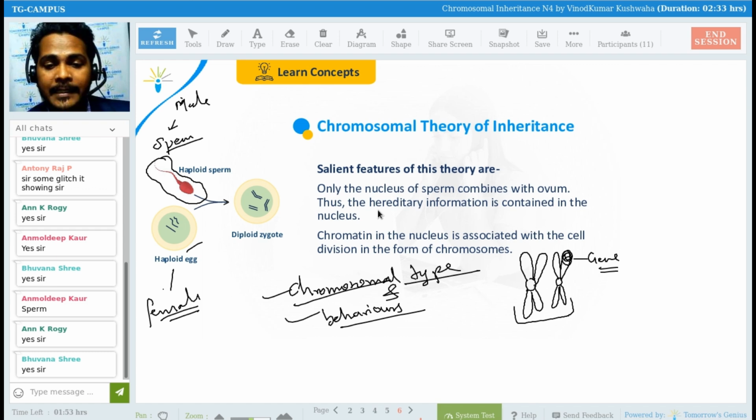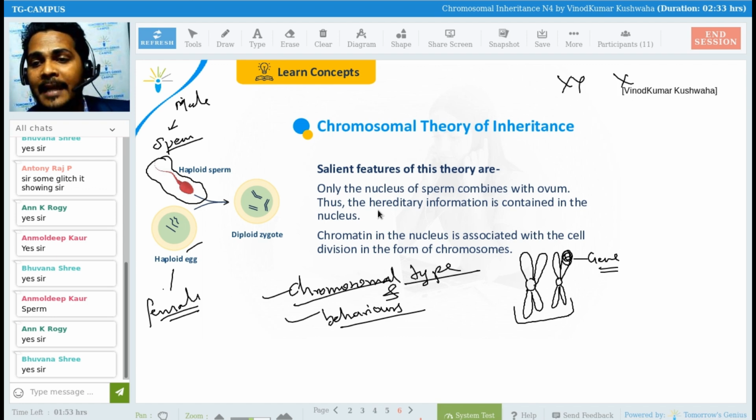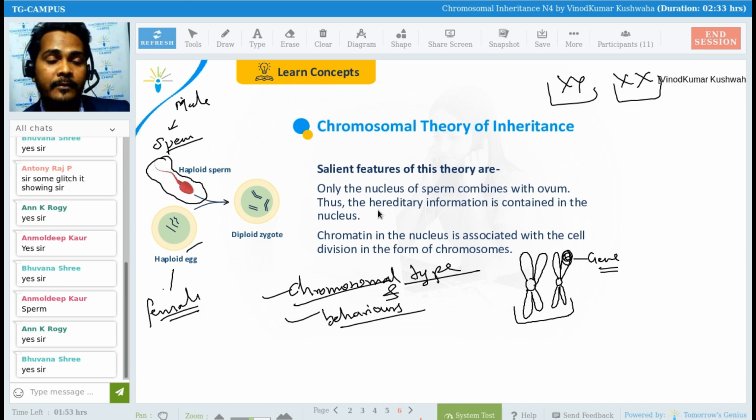So you might have heard about the sex chromosome, like man has an XY chromosome, female has XX chromosome. So this chromosome determines the sex characteristics of particular offspring, right? Is this clear? So this is all about the salient features of chromosome.